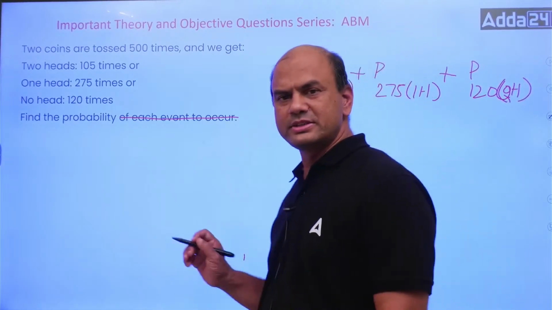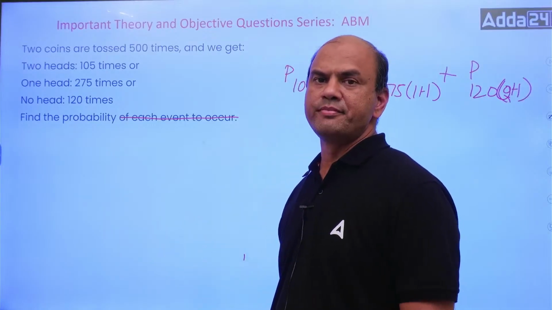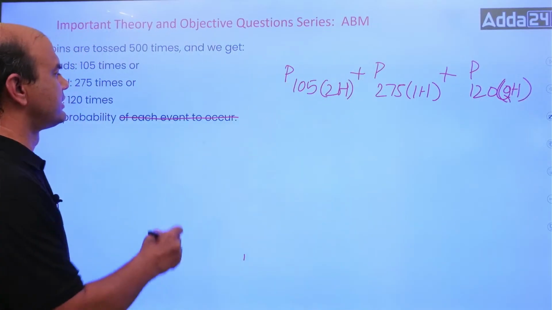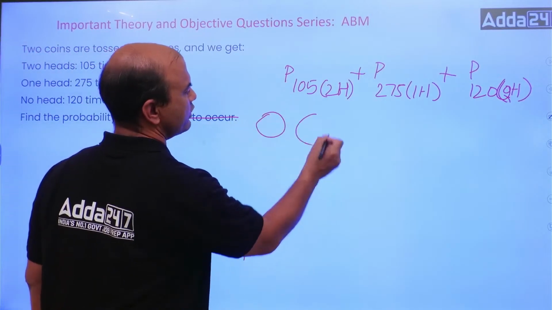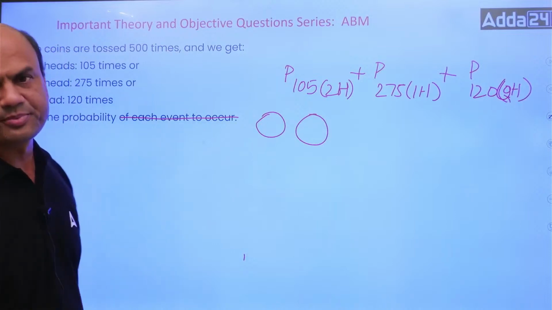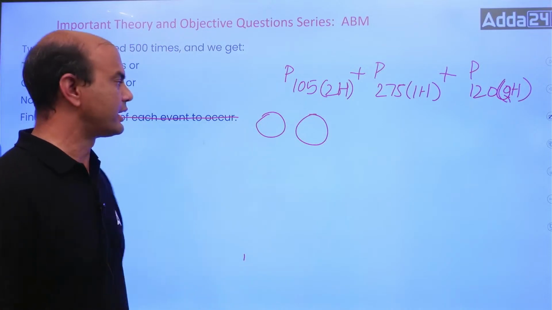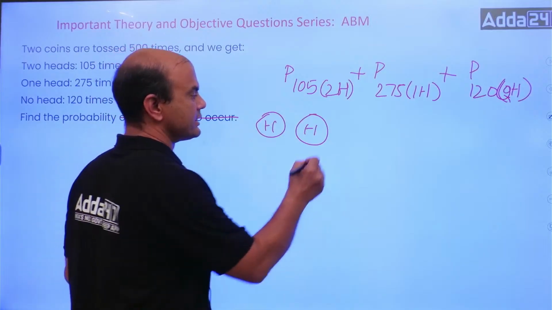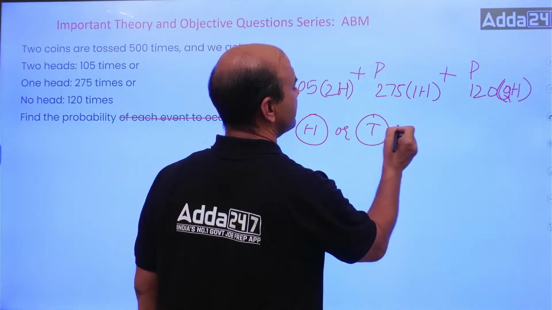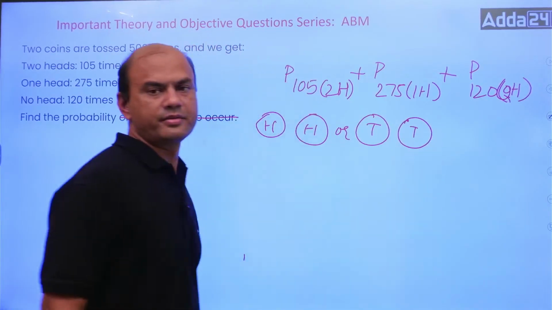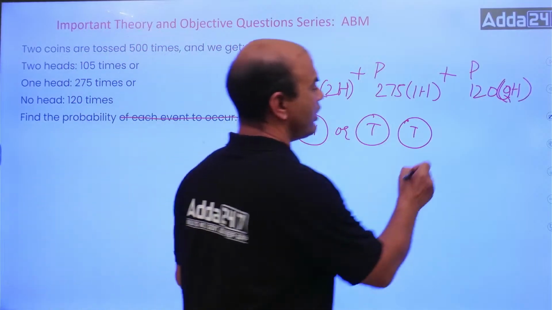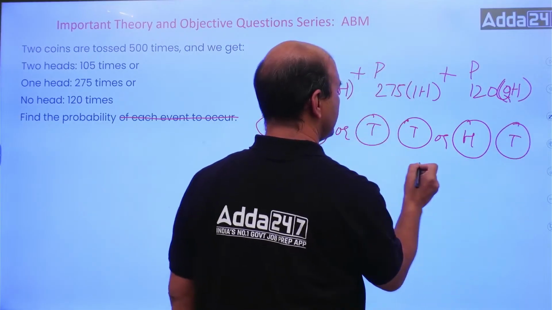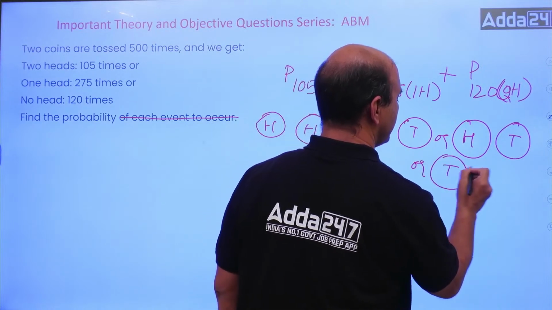If I throw two coins only once, let's say this is coin 1 and this is coin 2, what can I get? I can get head and head, or tail and tail, or head and tail, or tail and head.